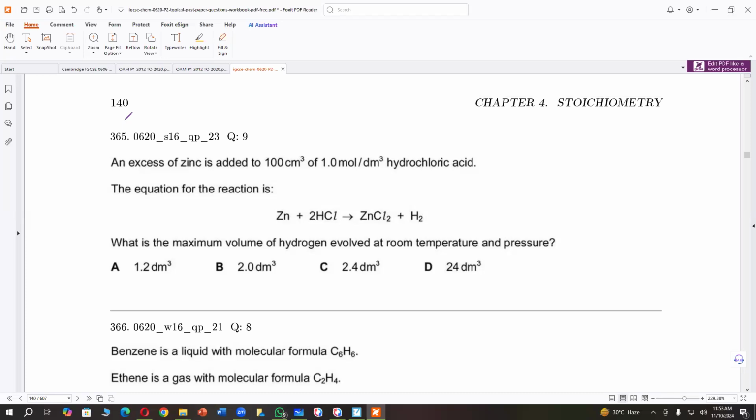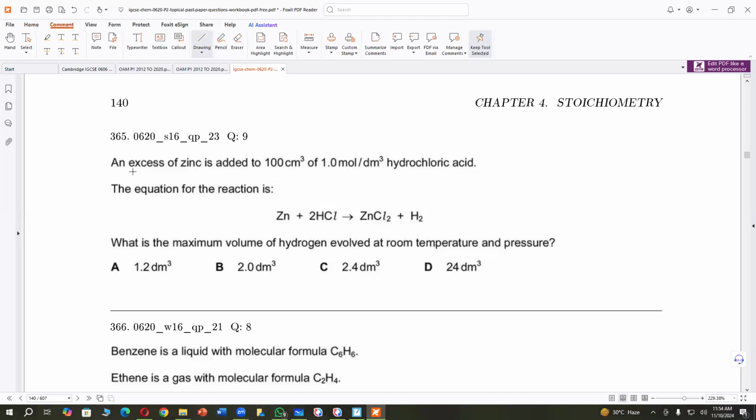The maximum volume of hydrogen. Okay, so we use HCl to find the volume of hydrogen. 100 cm cube is the volume, 1 mole per dm cube is the concentration.